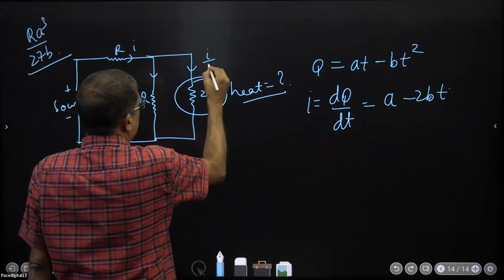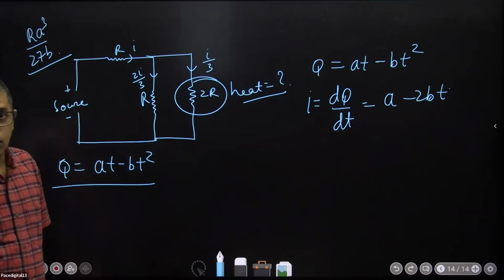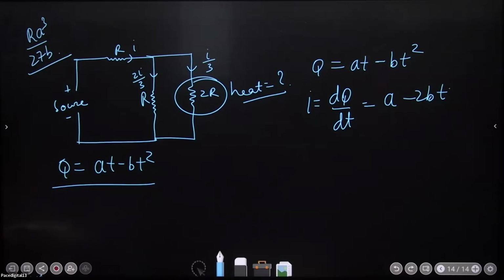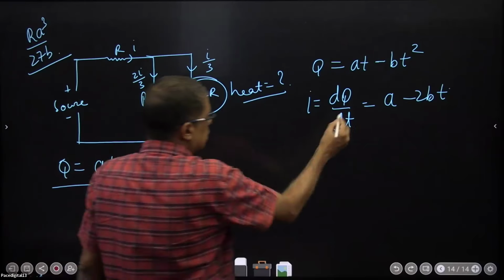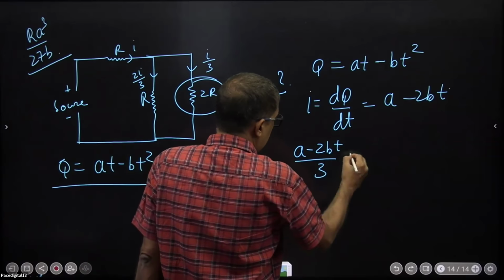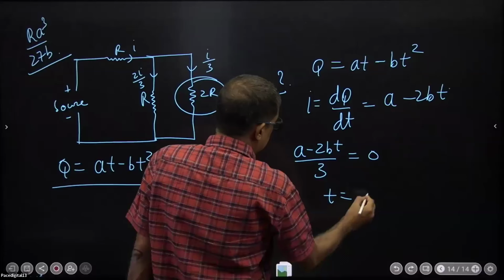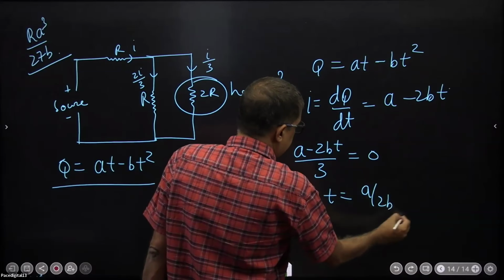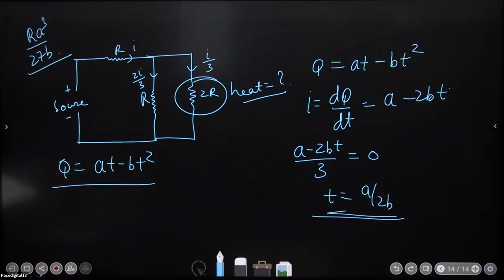This will become I by 3 and this will be 2I by 3. I by 3 means A minus 2BT by 3. When will this become 0? T is equal to A by 2B. This is the time after which the current through that will become 0.